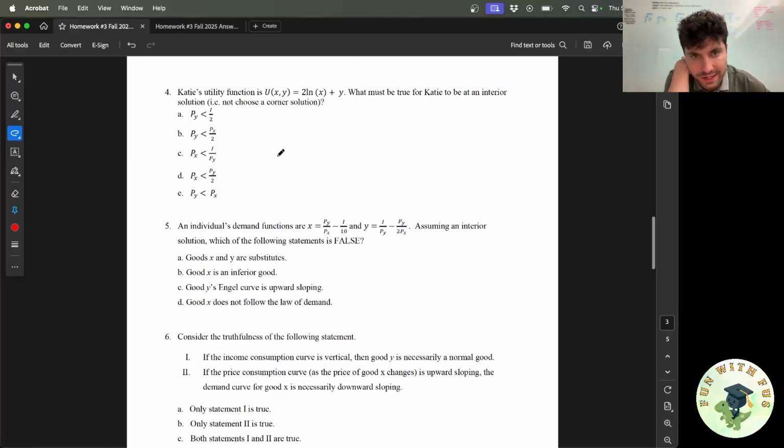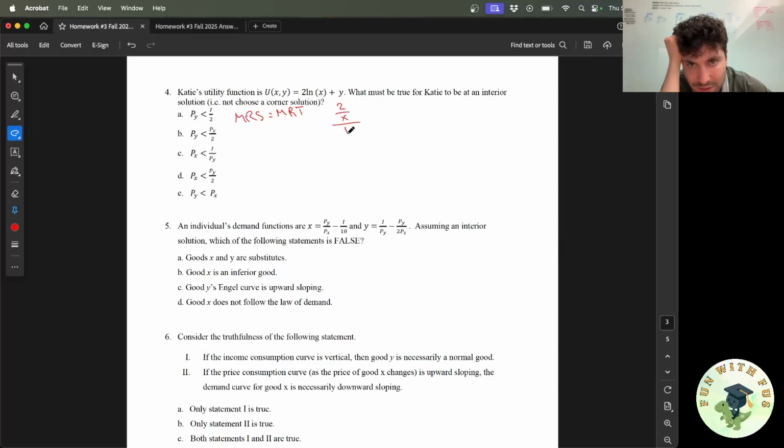So this one is very similar to a poll that we did in class that hopefully you remember. But if you don't, the steps are the exact same. We're just setting MRS equal to MRT. It's the same stuff every time. So we're going to get 2 over x, that's our MUX.